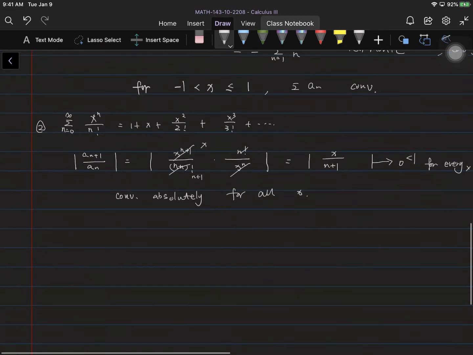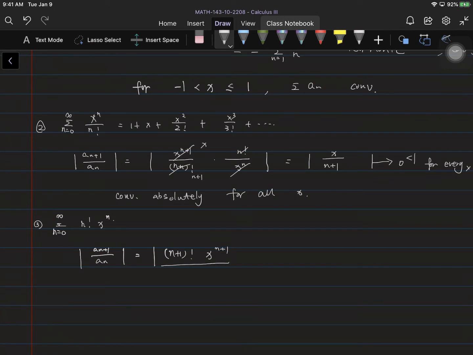Okay. Number 3. Take a look: the sum from n equals 0 to infinity of n factorial x to the n. Same thing, ratio test. n plus 1 factorial x to the n plus 1 over a_n, n factorial x to the n.